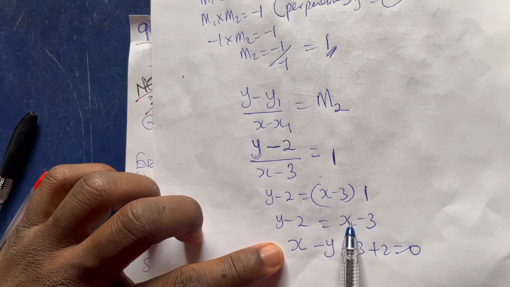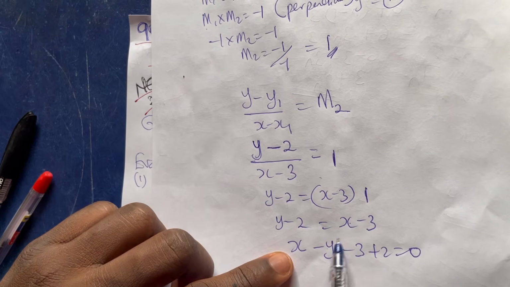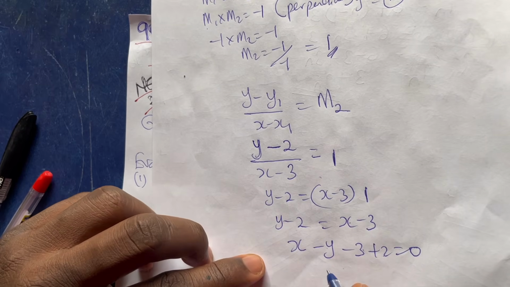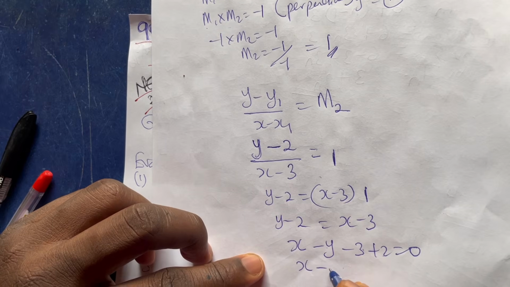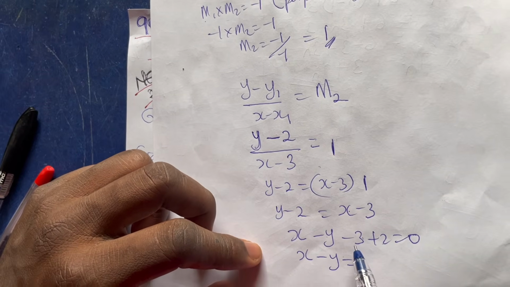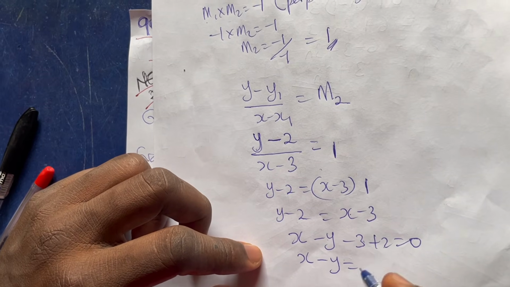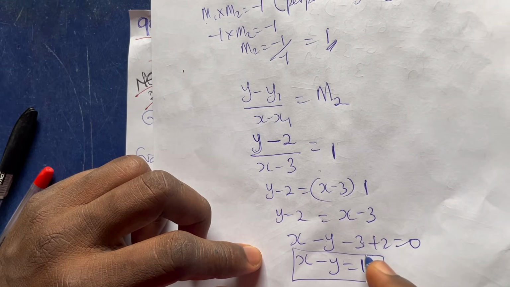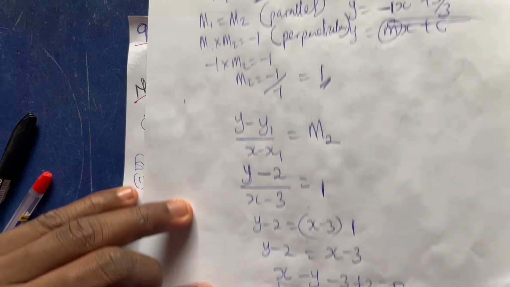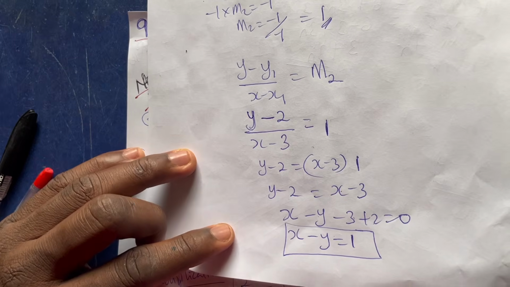I just rearranged it: x comes here, minus y, minus 3, then plus 2. So I have x minus y equals, this will be minus 1. By the time it comes here, it becomes 1. So this is the equation of the line.